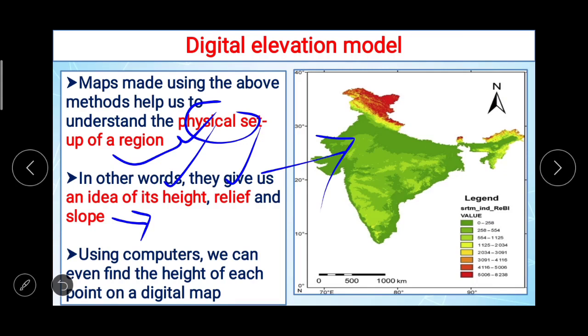Physical maps can be used in military operations, tourism, drawing up mountaineering routes, and in making regional development plans. So all these things were about the contour line method, layer tinting method, and digital elevation model.